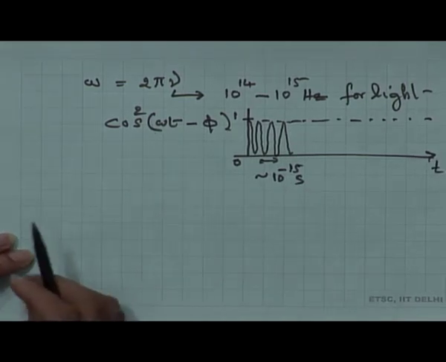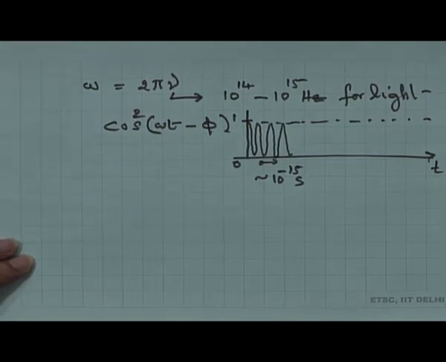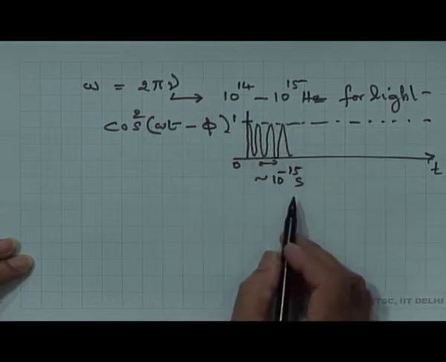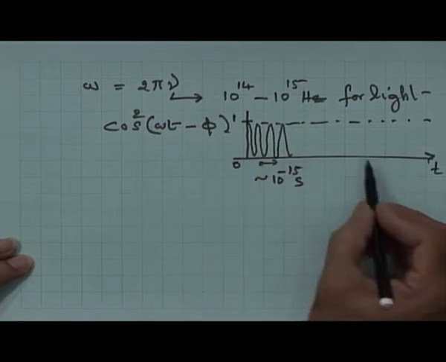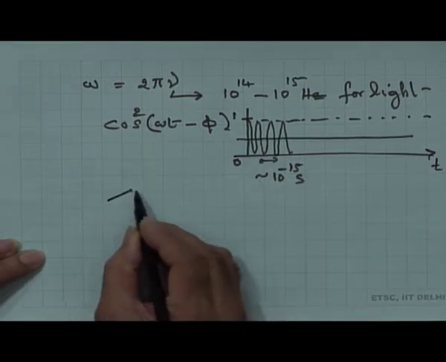So, neither I nor any high speed detector can detect such high frequency variations, and therefore what we will detect is an average value. That is why we take an average value.